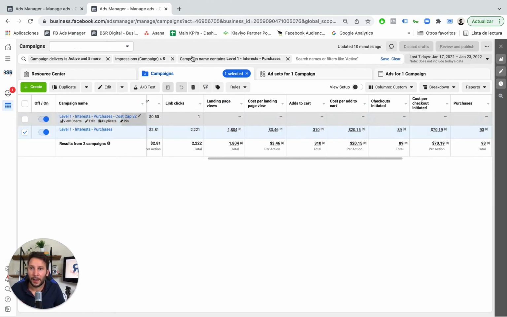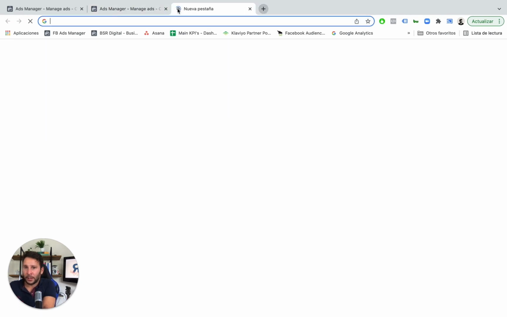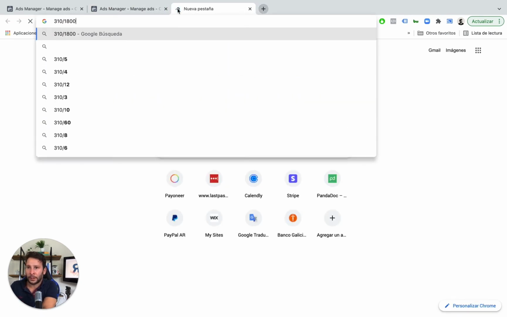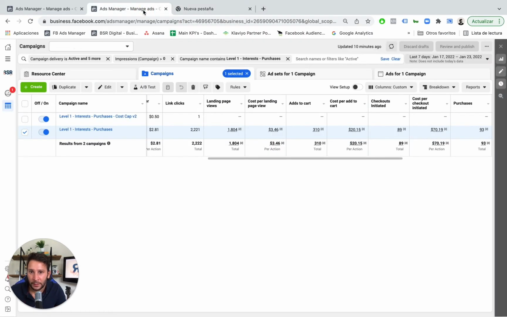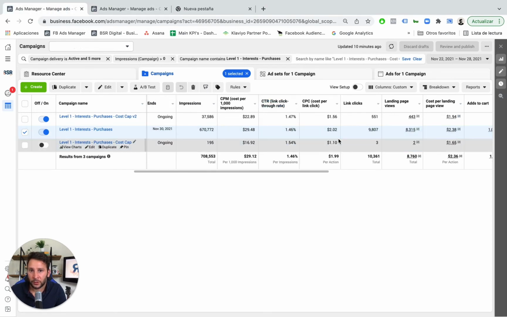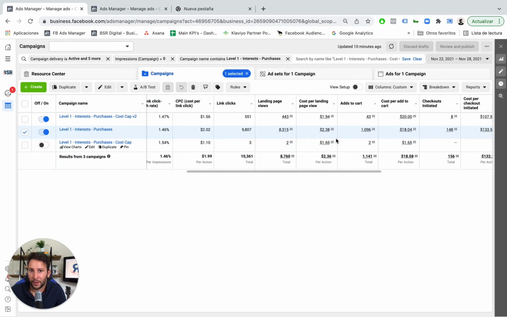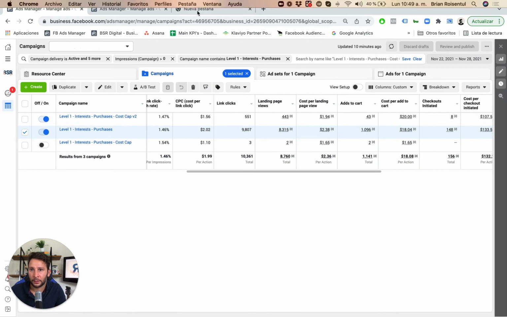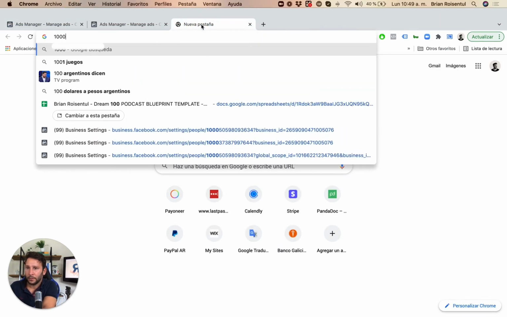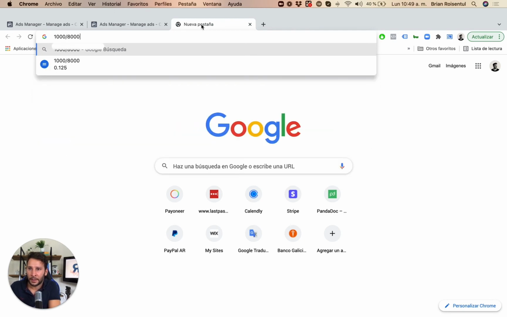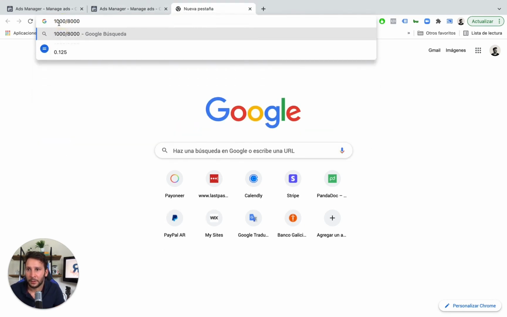So we can do the math easily, right? 310 divided by 1,800, and you get that it's 17% that we are getting right now, right? Whereas before, we used to get, let's say, 1,000 out of 8,000. So it's 1,000 divided by 8,000. It was 12%, right?